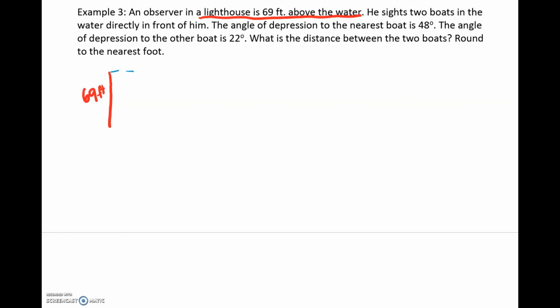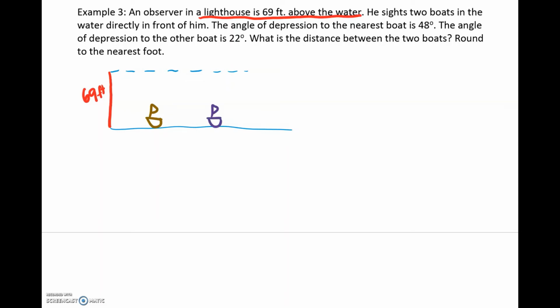So this is your line of sight, this horizontal line. And we have 2 boats in front of us. So we've got one boat here who's closer. So if this is the water, right? We've got one boat that's a little bit closer and one boat that's a little bit farther, right?